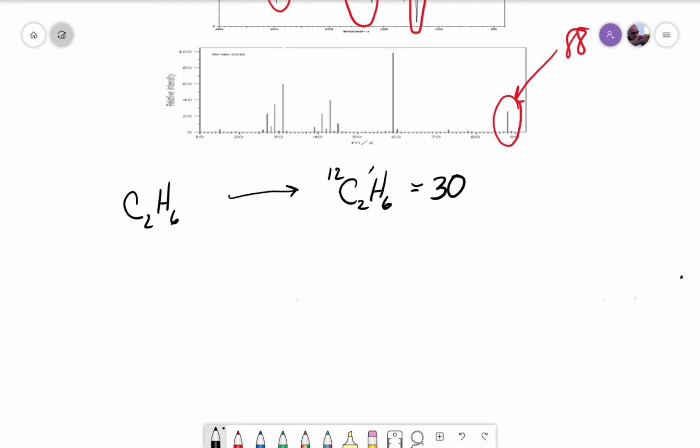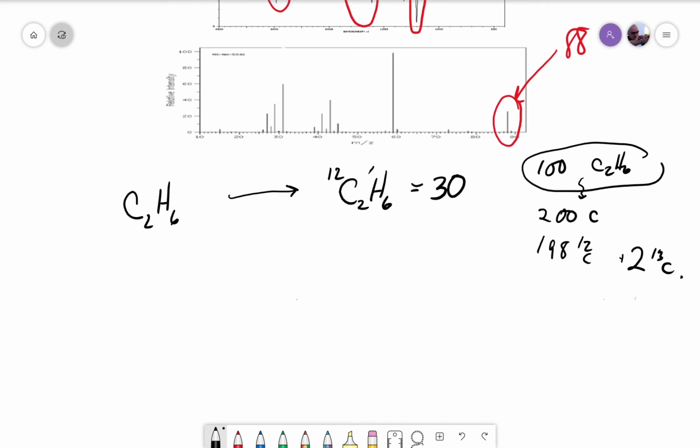But if we had 100 molecules of C2H6 and each molecule contained 2 carbons, that would mean there would be 200 carbon atoms in that mix. 100 ethane molecules, therefore, would contain 198 carbon-12s, 99 out of 100, and 2 carbon-13s. 100 molecules of C2H6 sitting on a benchtop would have to contain 2 carbon-13 atoms simply by the statistical abundance of carbon-13s in nature.